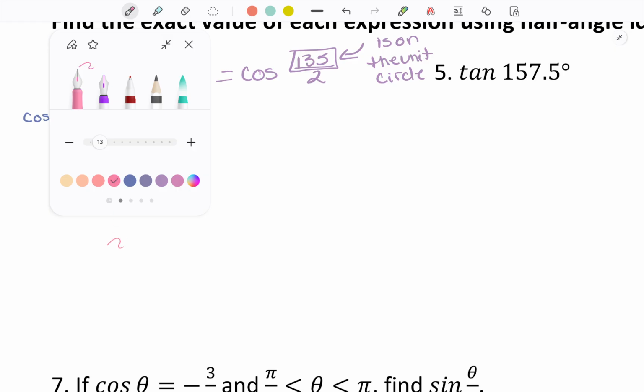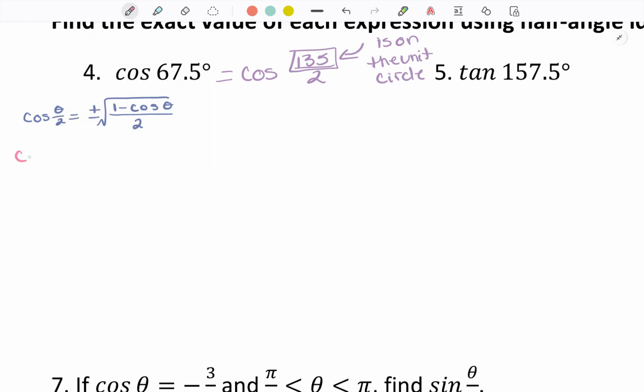And we're going to go ahead and plug in what we know. So we have the cosine, and we're going to use 135 because we always use that number. And then we're going to have plus or minus, and we have 1 minus the cosine of 135 because that was our theta. So we're always using the numerator.